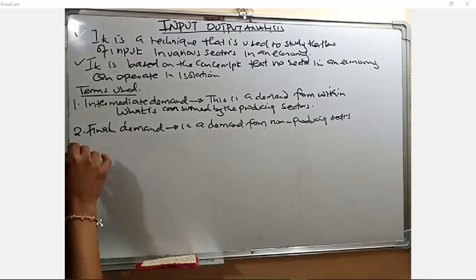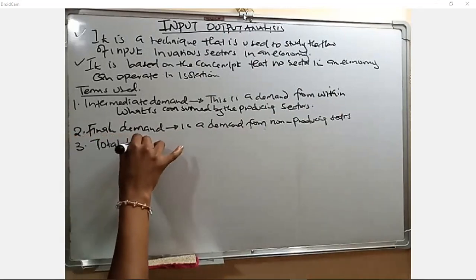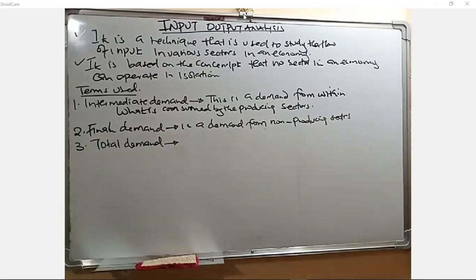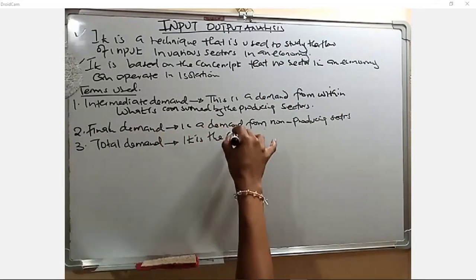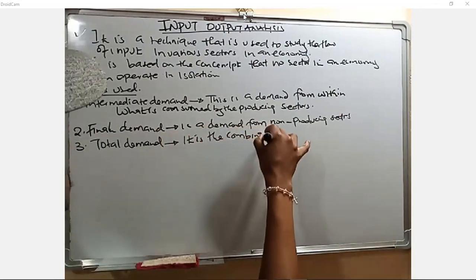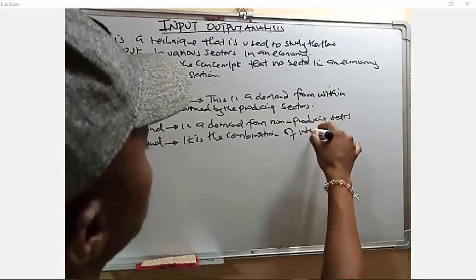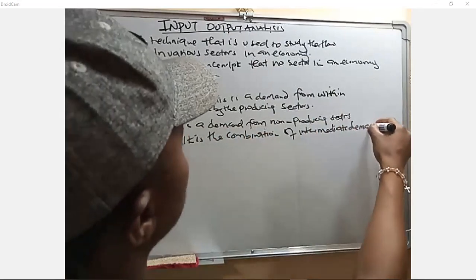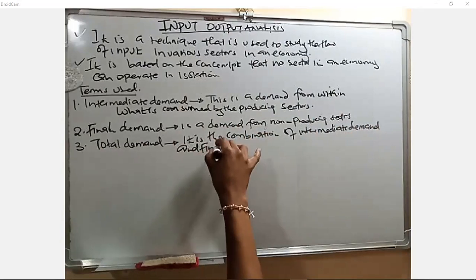Then later on, number three, we look at the total demand, and it is a combination of intermediate demand and final demand.